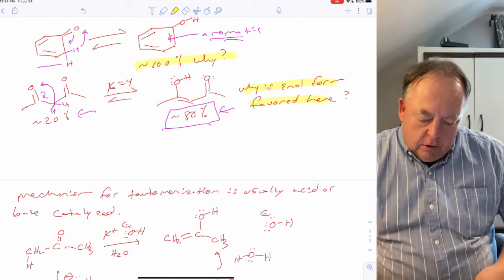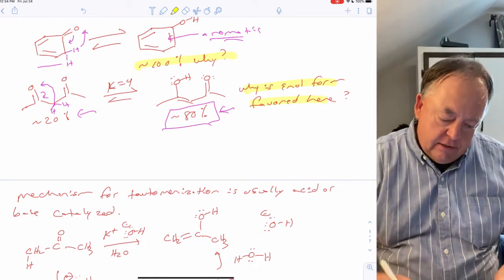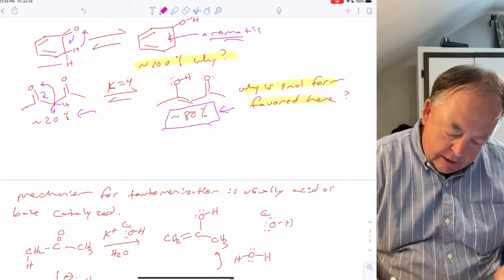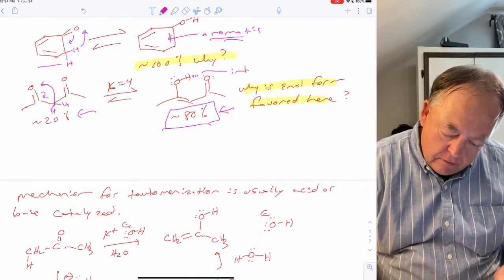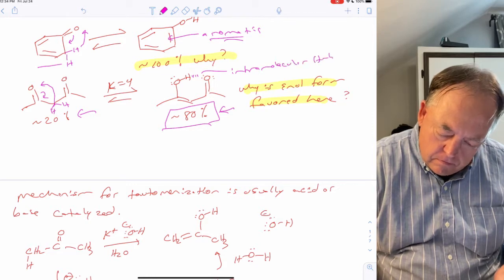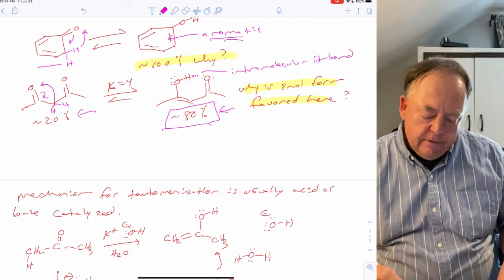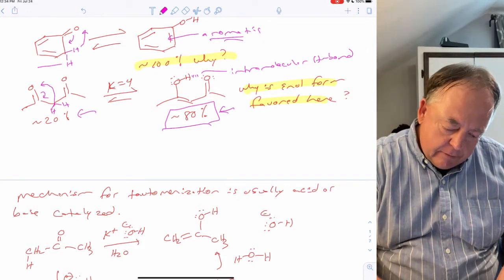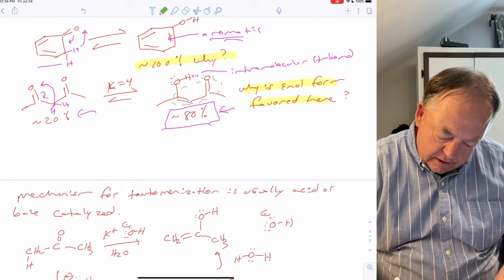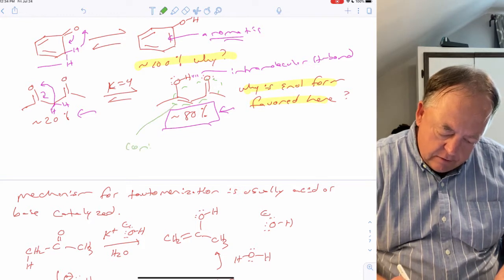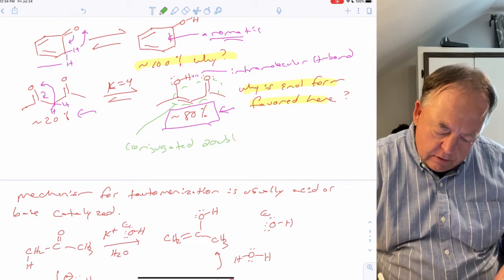This enol has a couple of things that are stabilizing it. One thing that is stabilizing it is an intramolecular hydrogen bond, and the other thing is that it has conjugated double bonds.